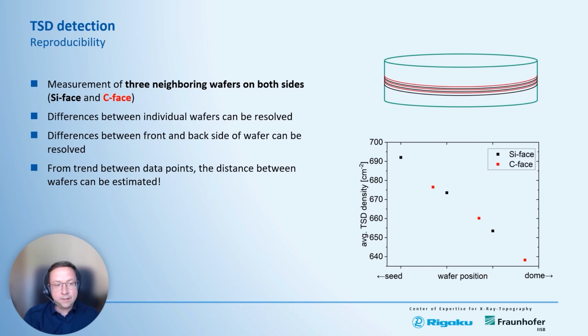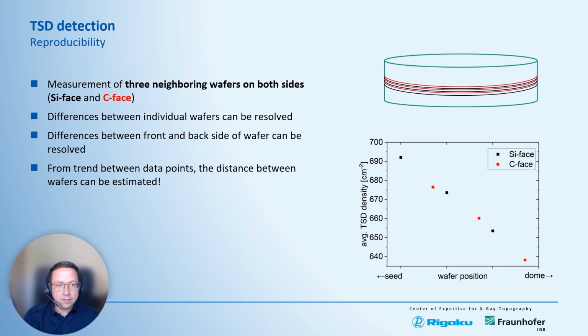In the next slide, I would like to give you an idea about the reproducibility of our measurements. There you can see on the right-hand side a diagram which gives you the average TSD density plotted versus the wafer position. In this example, we chose 3 directly neighboring wafers, and one time measured from the silicon face and the second time measured from the carbon face.